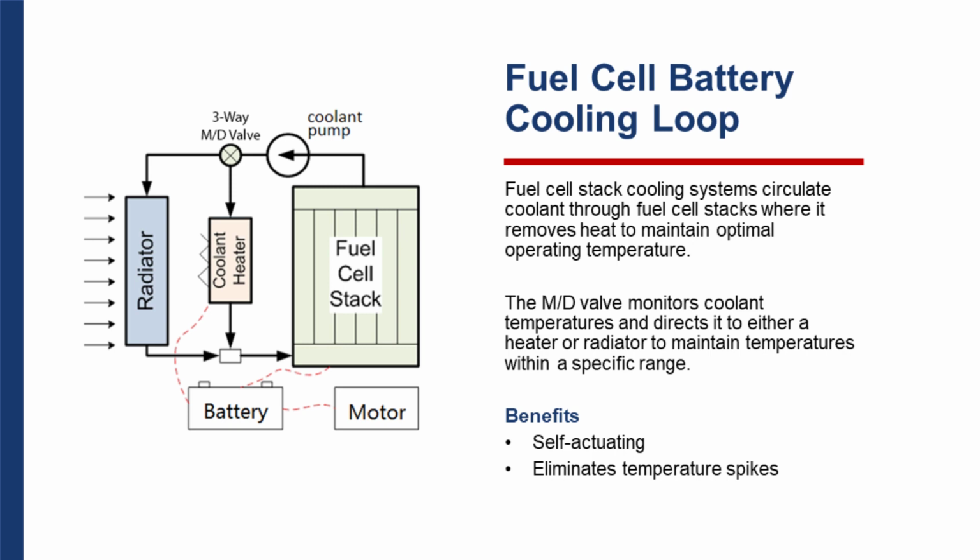Like I said, it will sit there and dither back and forth to ratio and proportion between the two to keep it at 90 degrees C, which is the optimum performance for the proton exchange membrane fuel cell.